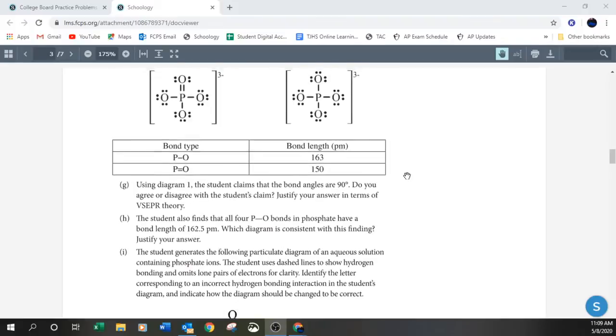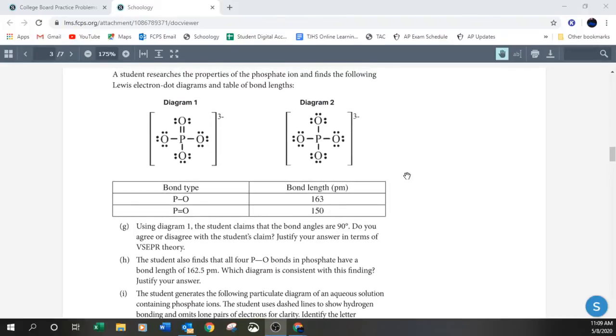Okay, so you're looking at two pictures, two possible Lewis structures for the phosphate ion. I'm looking at one in which they've indicated a double bond, the other in which they have not.